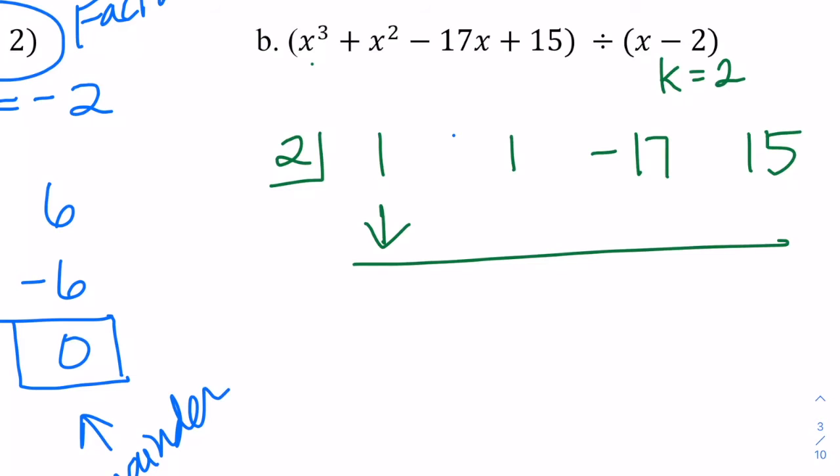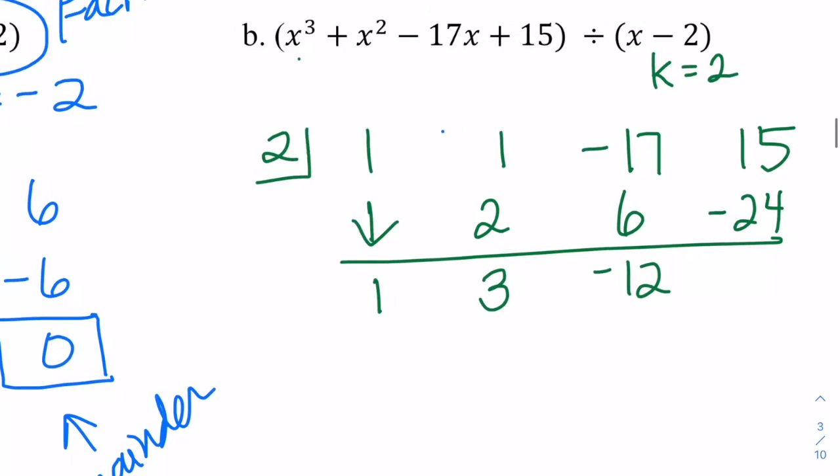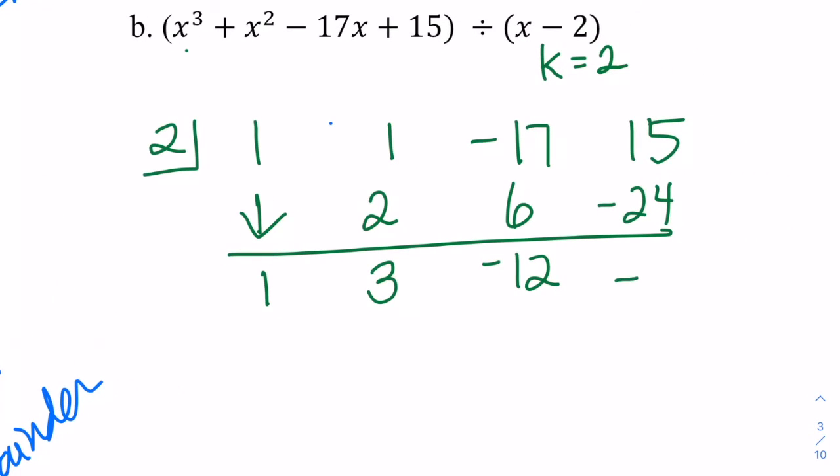I bring the 1 down, multiply that by 2, add going down, 6, -12, -24, and 9. That'll be -9. So that's my remainder. So -24, it wasn't -15, so we're definitely going to have a number there.